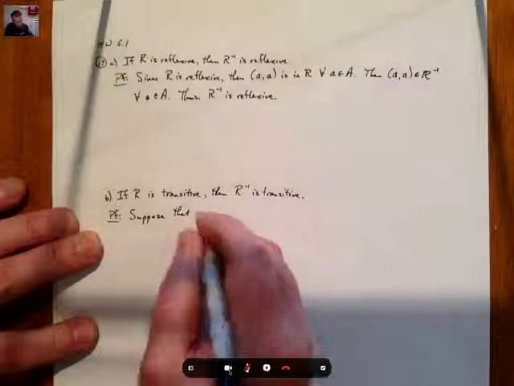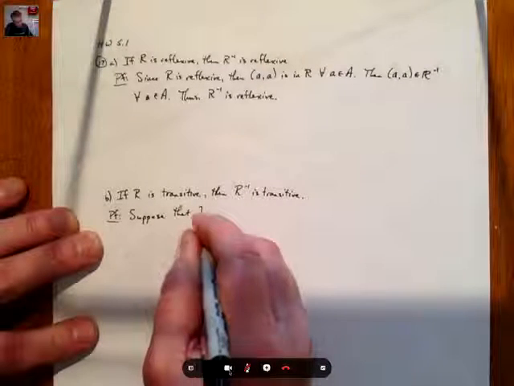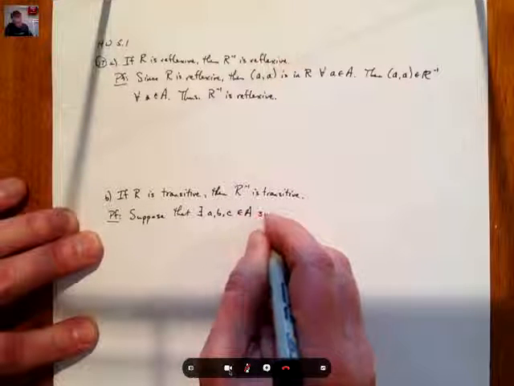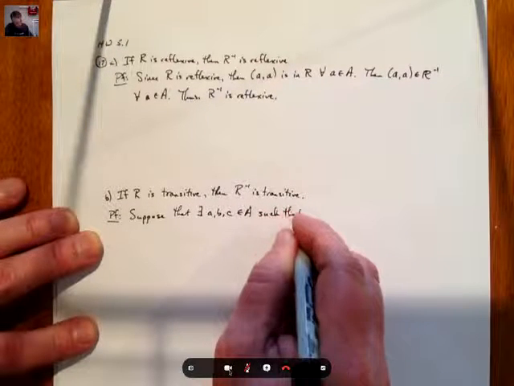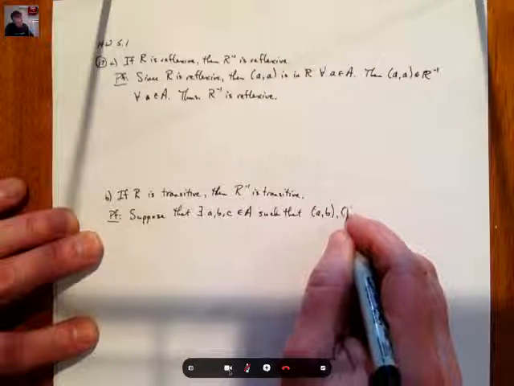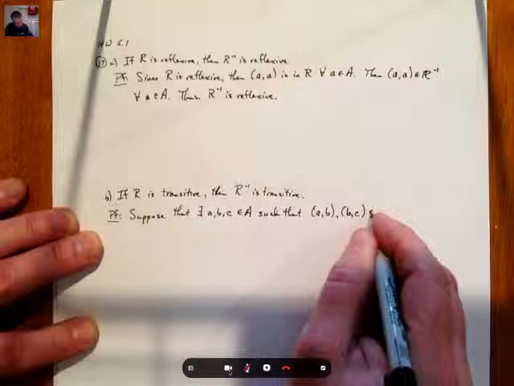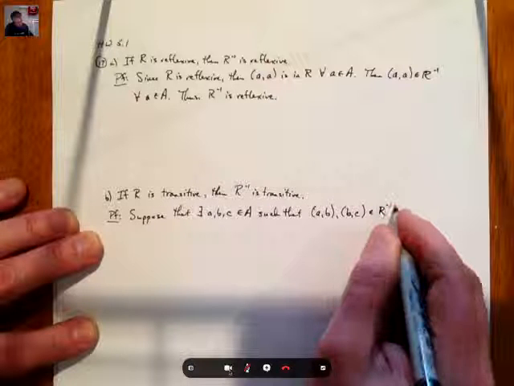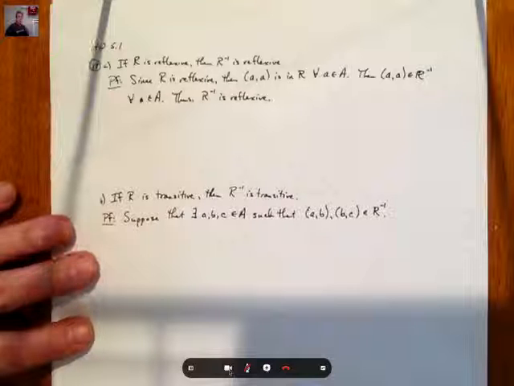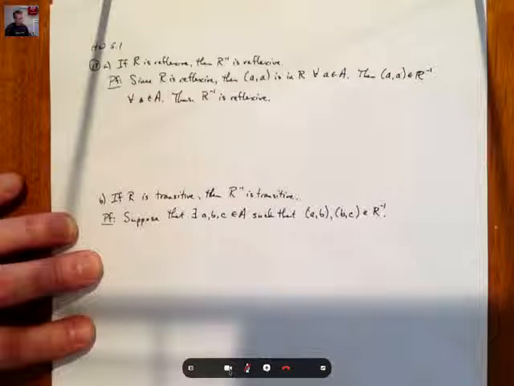Suppose that there exist a, b, c in A such that (a, b) and (b, c) are in R inverse. Okay? And what we're going to show is that (a, c) would be in R inverse.